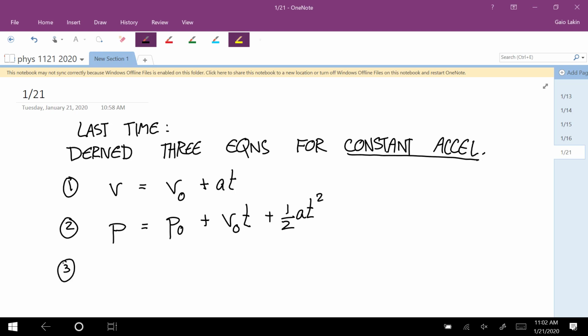And the third one, we took those two and substituted in a way that eliminated time explicitly from it. And we got that 2a times the quantity p minus p0 is equal to v squared minus v0 squared.